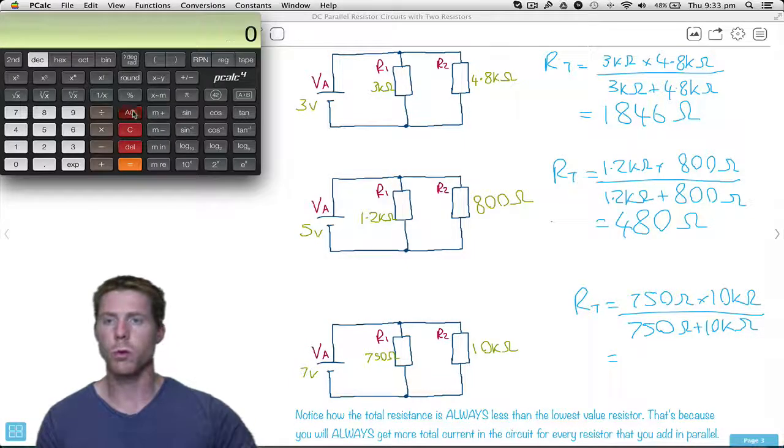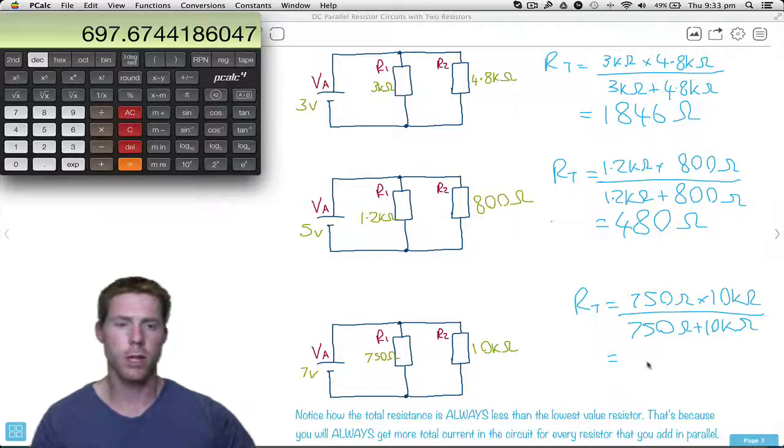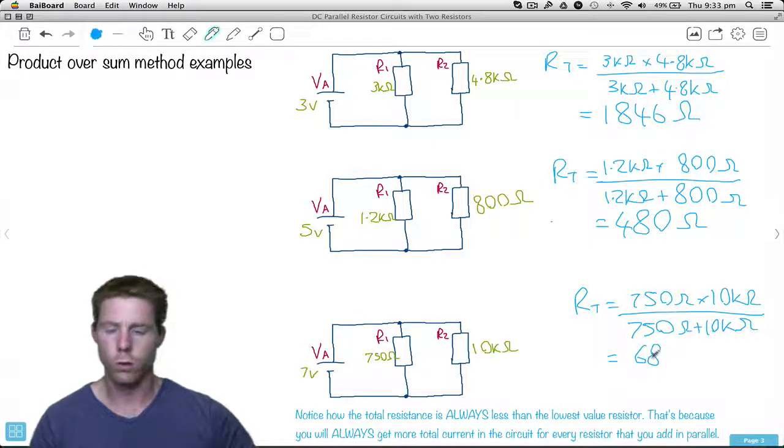Always less than the smallest resistor. 750 multiplied by 10 exponential 3 for 10K, and then divide that by 750 plus 10K. Close the bracket. We're getting 697. In fact, because that's a 0.67, I'll round that up to 698. 698 ohms. Good.